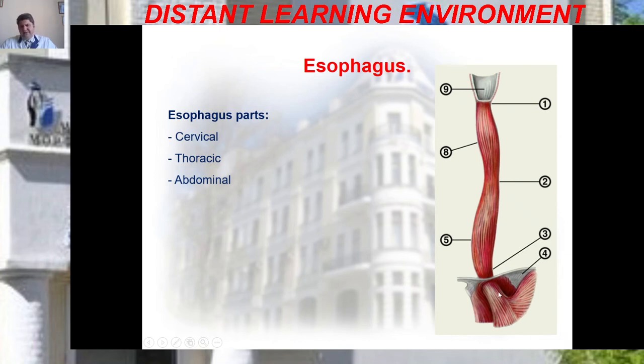And third anatomic constrictor is the diaphragm constrictor, where the esophagus passes from the thoracic part to the abdominal part. And also you must know two physiological constrictors which are observed only in a live person.